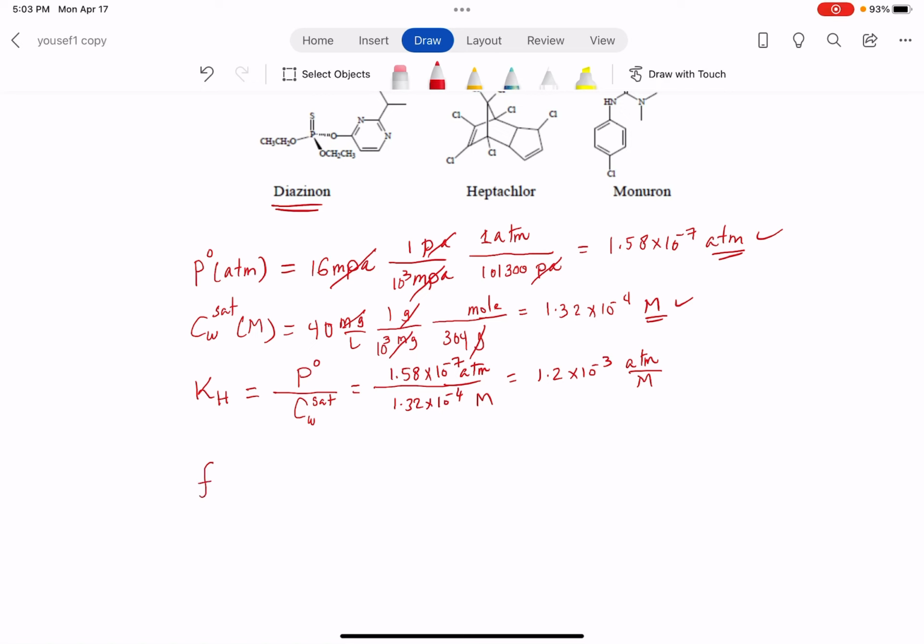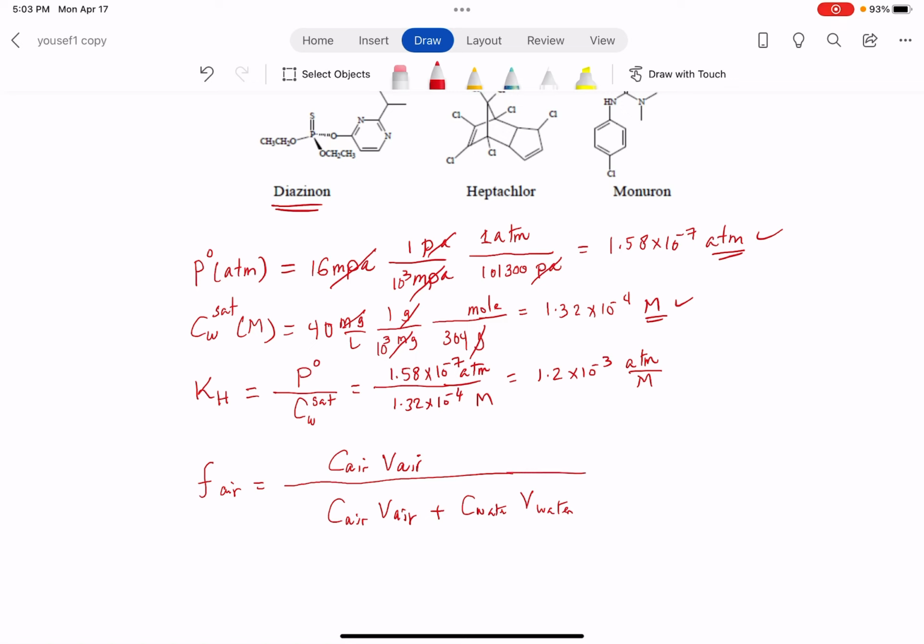The fraction of the first component in air is equal to the concentration of that component in air times the volume of air, over the total: the concentration in air times volume of air plus the concentration in water times the volume of water.